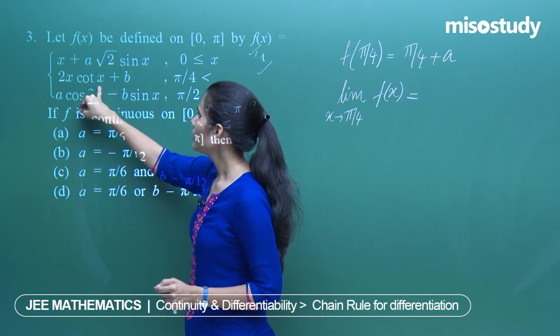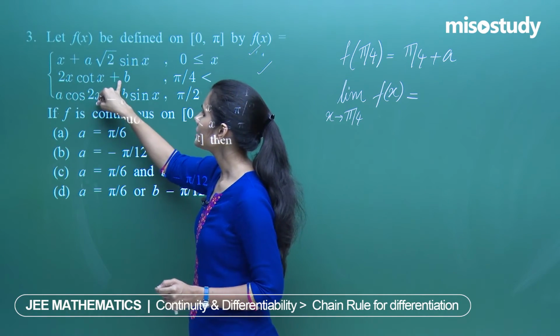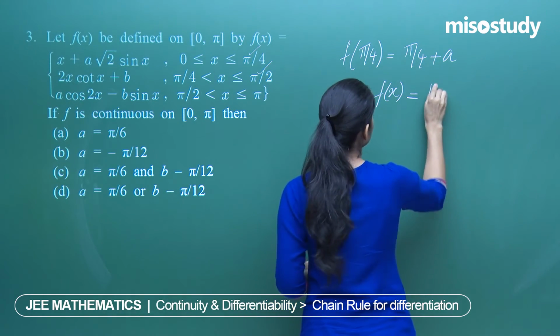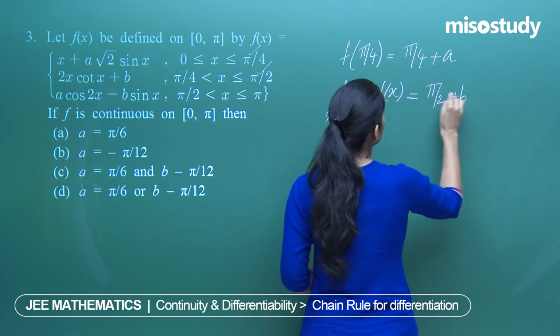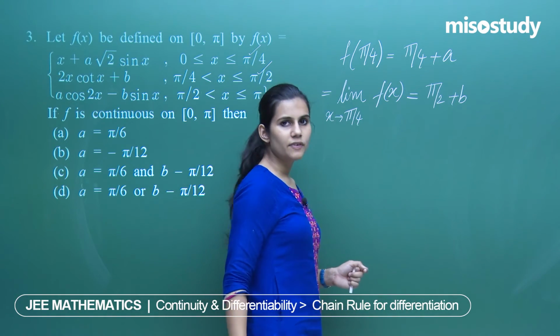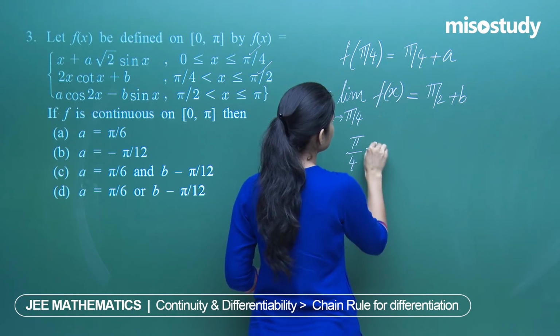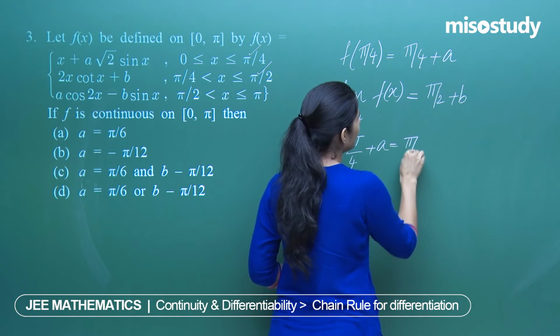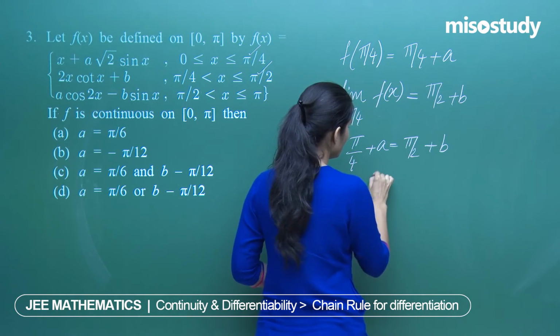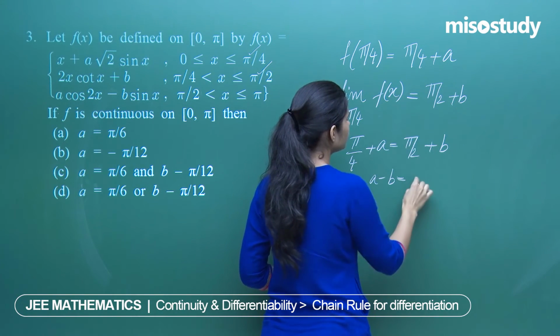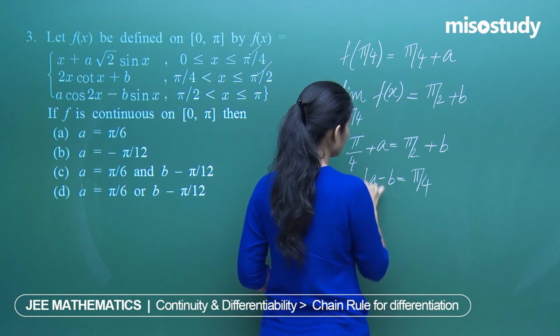Cot π/4 is 1, so you are left with 2(π/4) + b, which is π/2 + b. Both of these are equal because the function is continuous at π/4, so you are getting π/4 + a = π/2 + b, or a − b is π/2 − π/4, which is π/4.